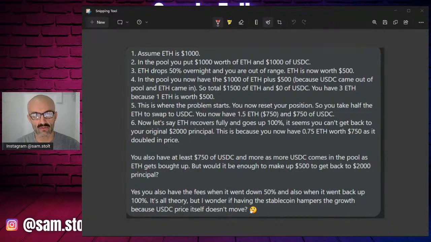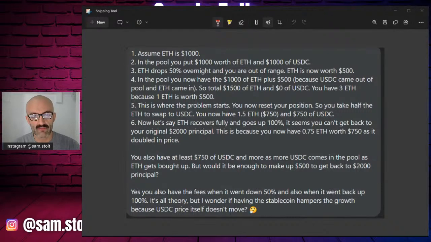Yes, right? So you started with 1 ETH. Now the price is down. You reset your position, and now you only have 0.75 ETH, right? You also have at least $750 worth of USDC and more as more USDC comes in the pool as ETH gets bought up.